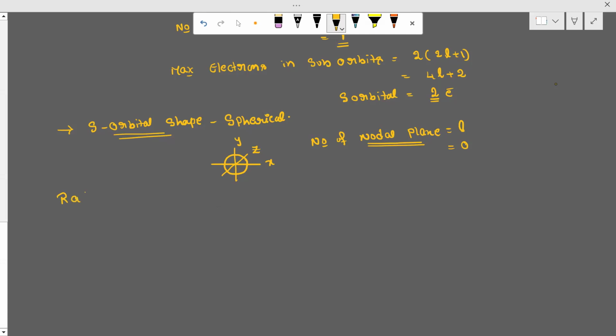Radial probability distribution curves. Radial probability is also called the D function.